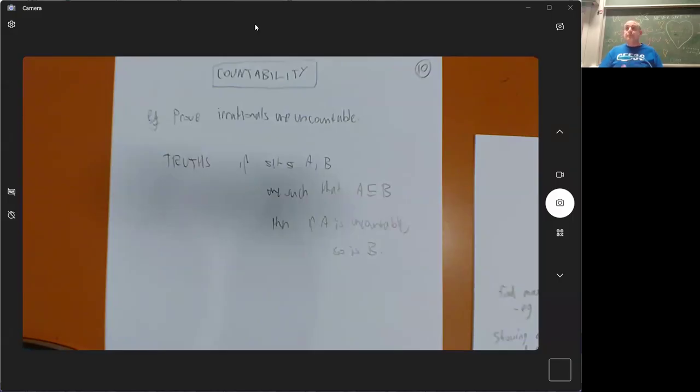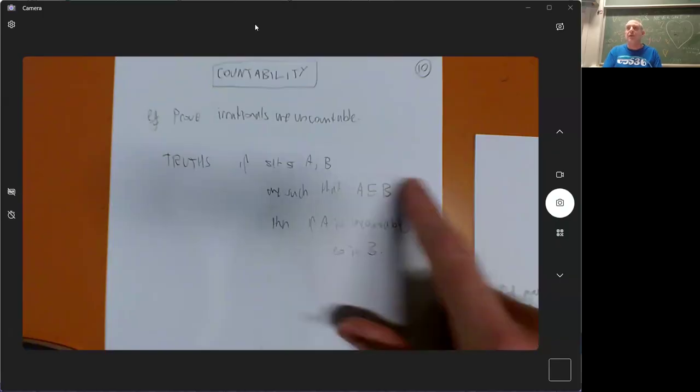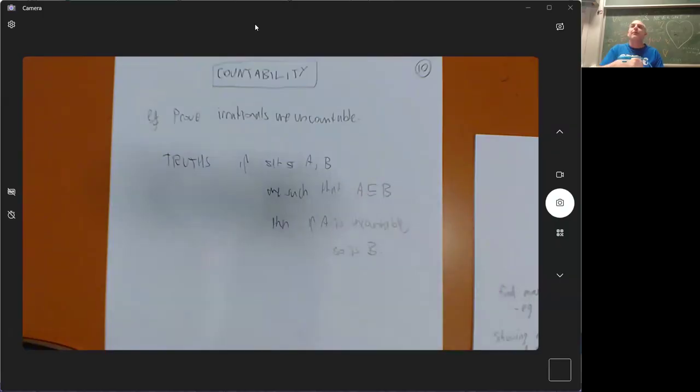You can prove it. If B is countable, then they are covered by the list. You can just list them.